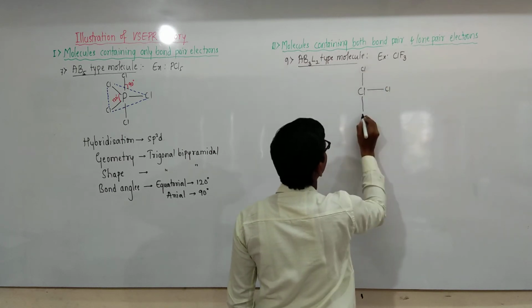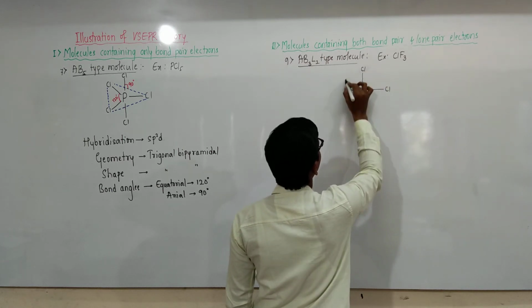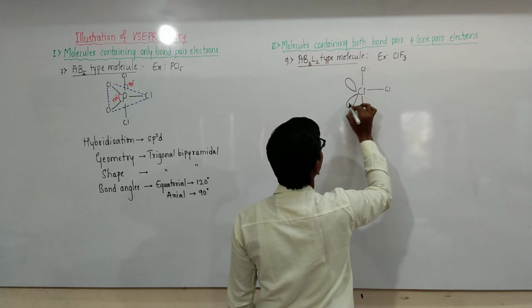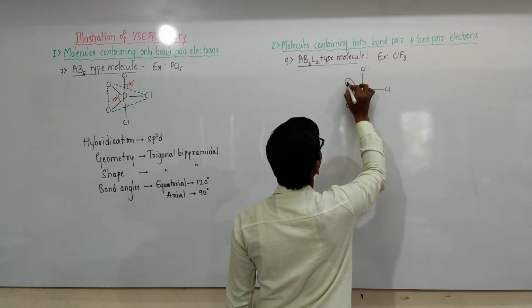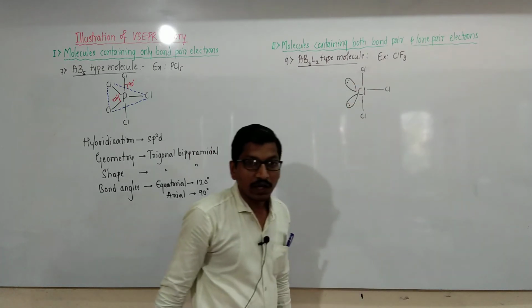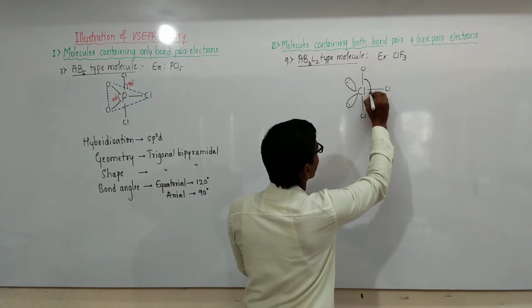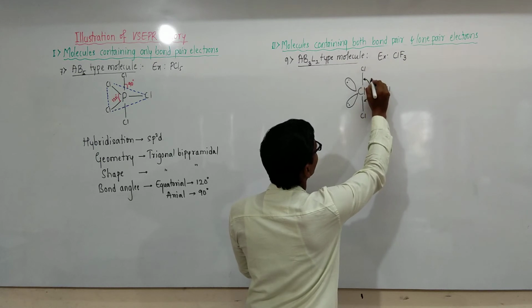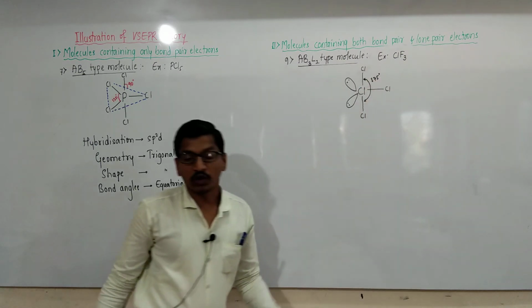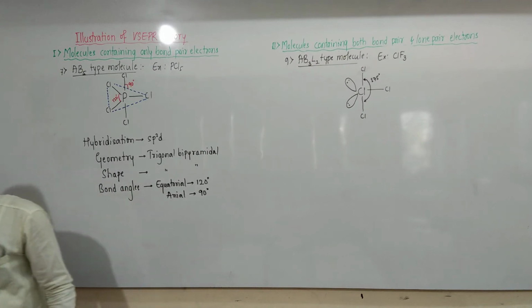Cl. There are 2 lone pairs in the equatorial position and the bond angle is reduced to 175 degrees because of lone pair repulsion.